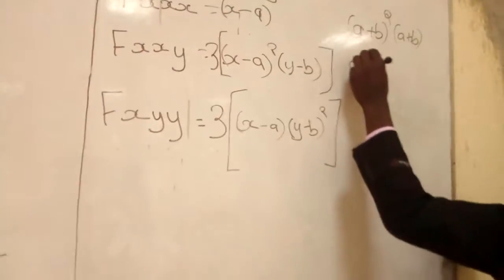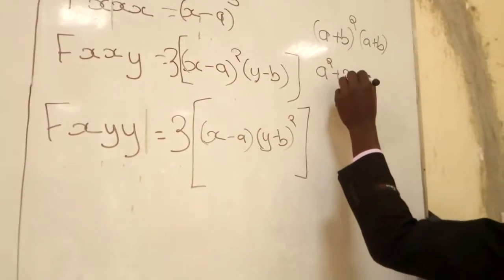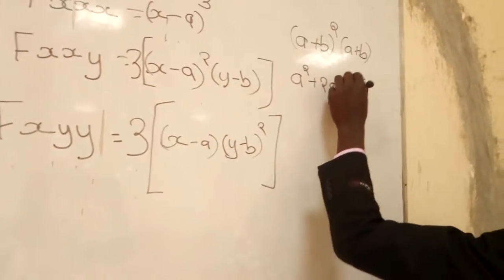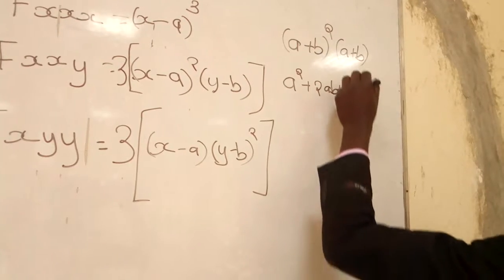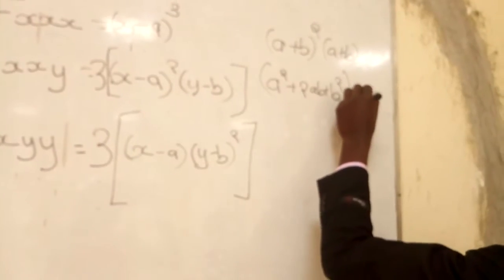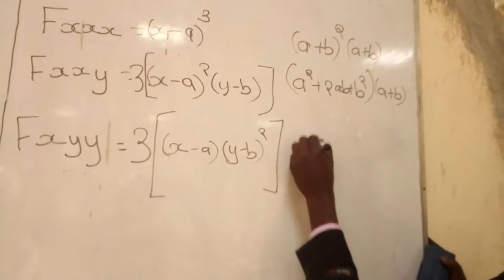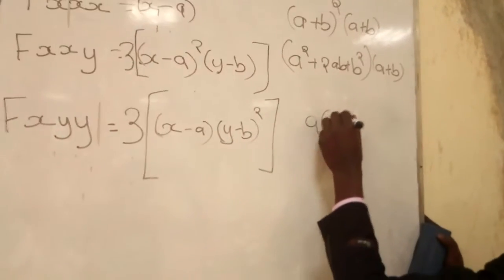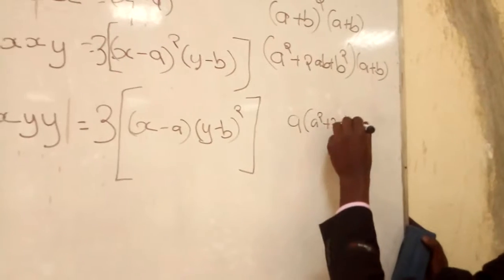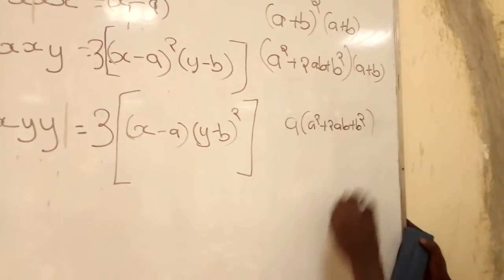Since you shall have a squared plus 2ab plus b squared, you multiply this one by a plus b. You realize that it will take the form of a into a squared plus 2ab plus b squared.